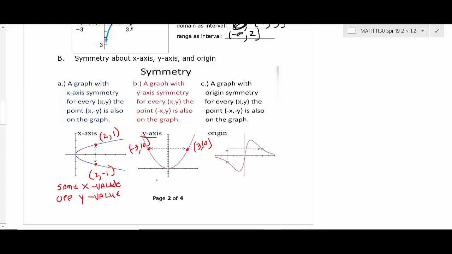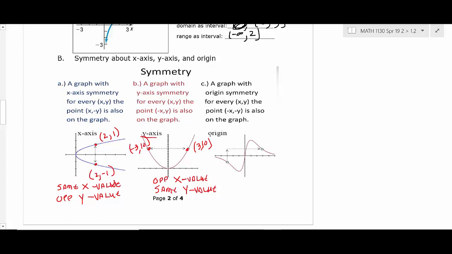So what this means is if you have an opposite x value, then you have the same y value. That's technically what we mean by being symmetrical about the y-axis. The x's are mirror images of each other, but the y's stay the same. Is that logical and sensible? Tell me, because I want you to know these definitions, not just be able to identify this.